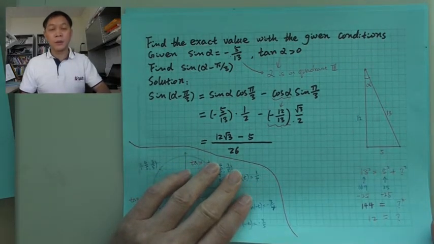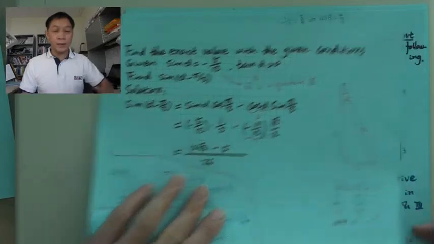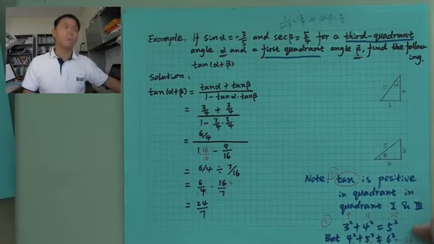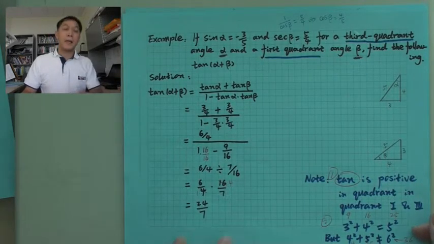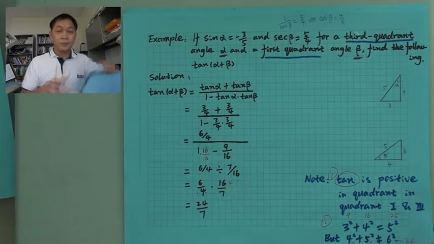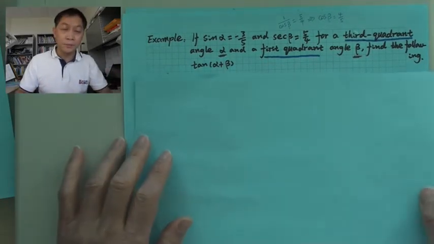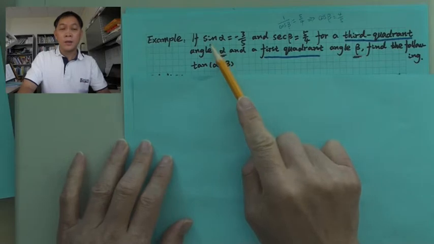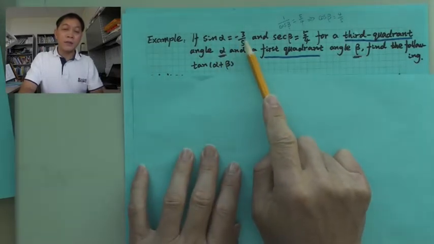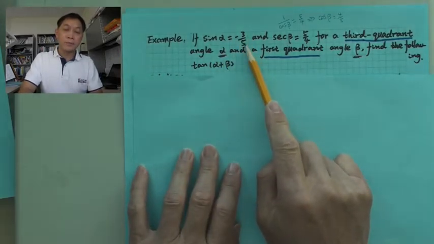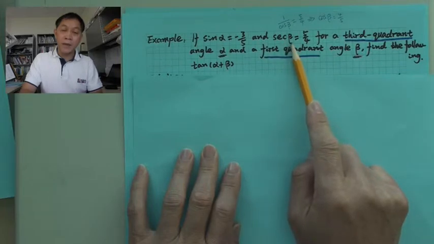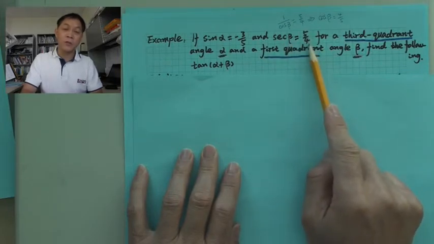Alright. Now, let's look at the second example. The second example is that we are given sine alpha is negative 3 over 5. Secant beta is 5 over 4.